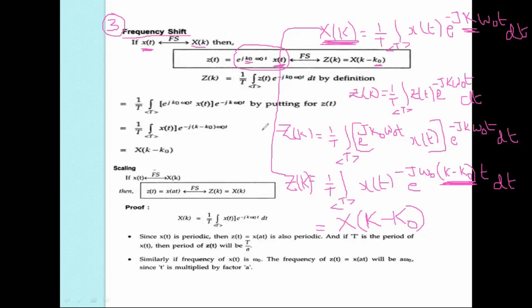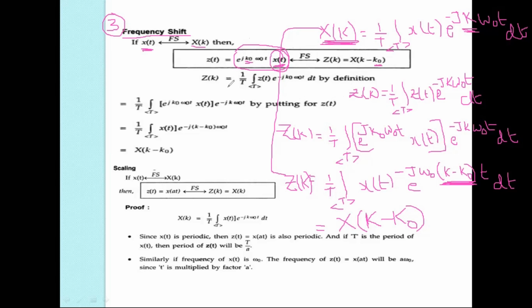So in the frequency shift, the exponential factor is a positive exponential with the samples of k naught multiplied to the time signal. In the time shift property, a negative exponential with t naught samples is multiplied to the frequency x of k.